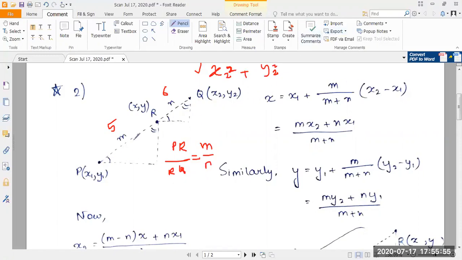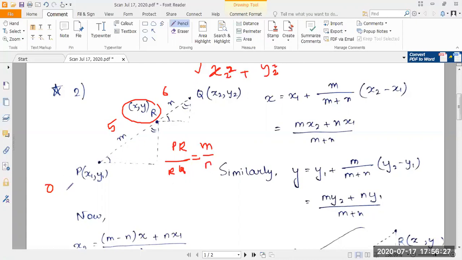Now, going by the explanation that I said before, if we have an origin somewhere over here, then this distance is x1 and this distance is y1. So if the coordinate of R is x comma y, then as you can understand from this explanation, x will be equal to x1 plus some fraction m by m plus n into this entire horizontal distance x2 minus x1.